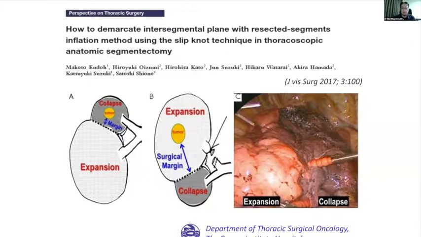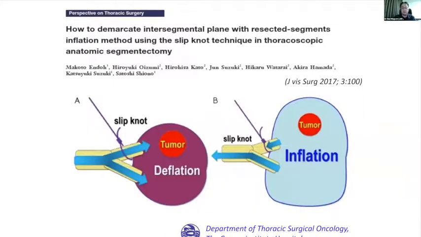So the target segment is inflated, and the residual segment is collapsed. So he can make an intersegmental plane like this. This is one procedure, but this is time consuming, so I don't like this procedure because I am short-tempered. This is the slip knot technique.